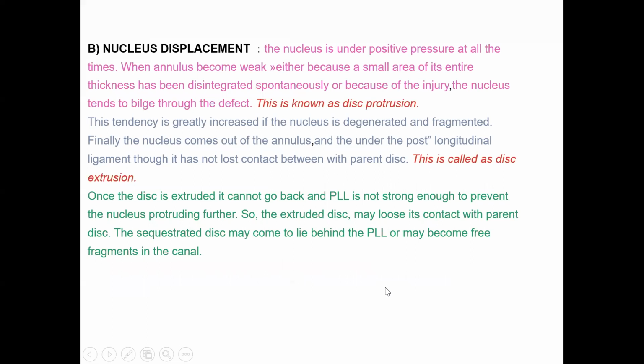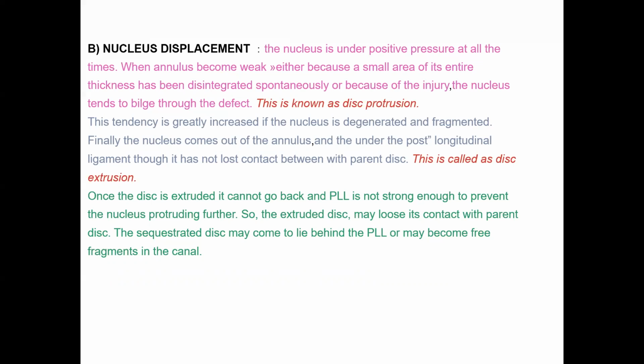Here comes the nucleus displacement. When the annulus becomes weak, either because a small area of its entire thickness has disintegrated spontaneously or because of injury, the nucleus tends to bulge through the defect. This is known as disc protrusion.